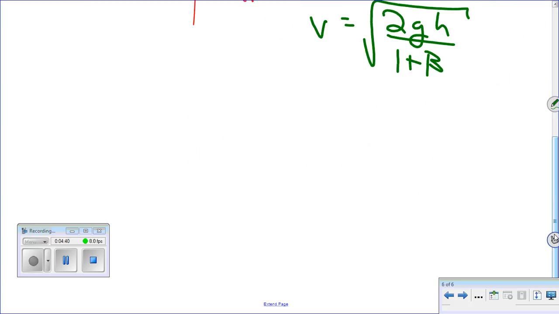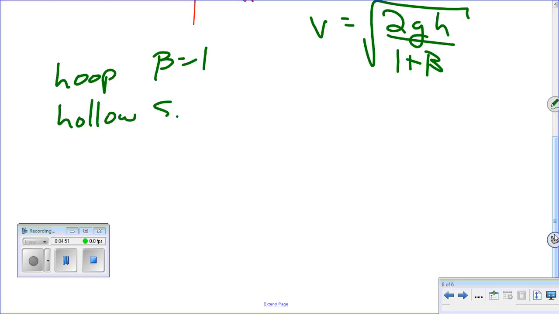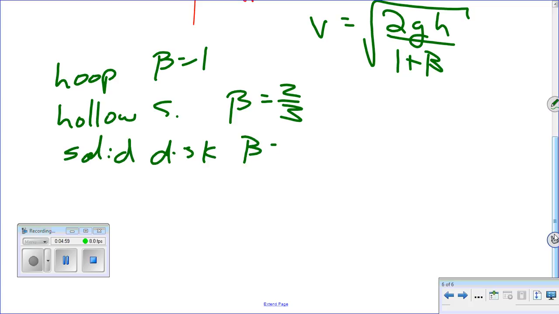Well, here's what we know. A hoop has a beta of 1. A hollow sphere has a beta of 2/3. A solid disk has a beta of 1/2.